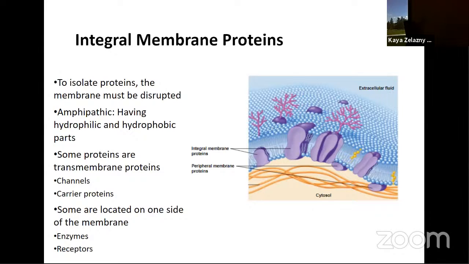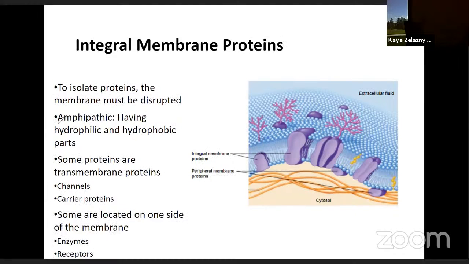Our integral membrane proteins, well, that's a super important thing, although I think we'll pick up tomorrow with the role of carbohydrates. The integral membrane proteins we'll be talking about a lot. They're going to cross our cell membrane here, and they're going to allow things to move through them usually. Because they have to go all the way through the cell membrane, just like our phospholipids, they're going to be amphipathic.